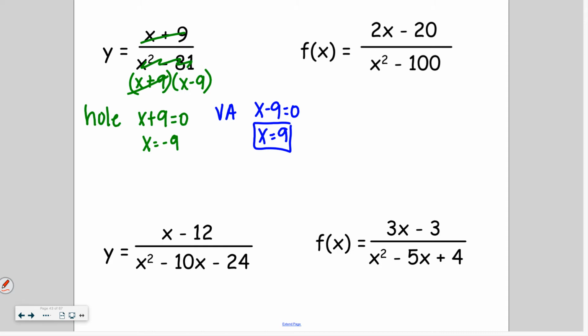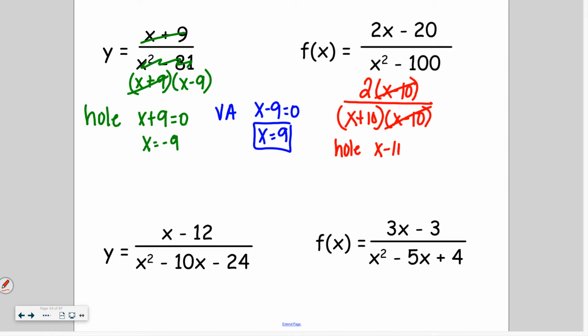All right, the next one. Let's go ahead and factor. 2x minus 10 on top. On the bottom, that's a difference of squares, so x plus 10, x minus 10. So what cancels? The x minus 10, so there's a hole. Where x minus 10 is equal to 0, so x is equal to 10. There's a vertical asymptote of what's left, where x plus 10 is equal to 0.